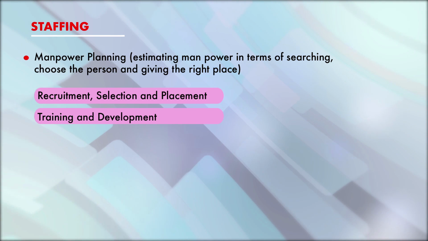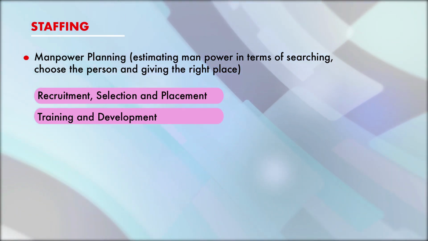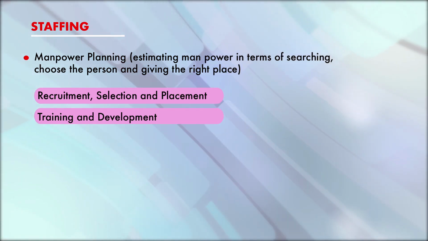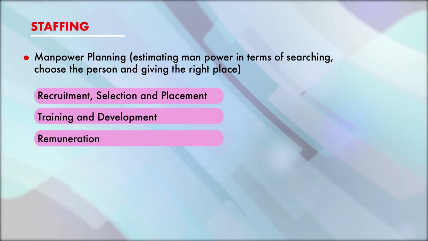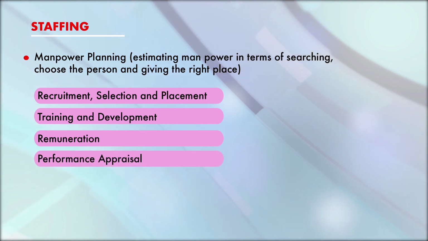Then comes the training and development part. It is also very necessary because we have to keep our employees up to date with the changing situation. Fixing the remuneration for the staff and doing their performance appraisal also.